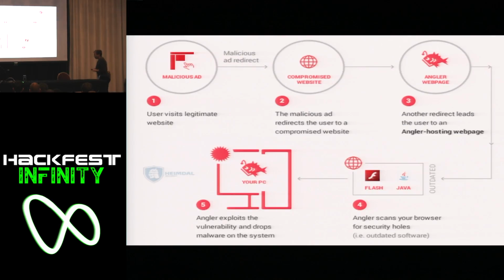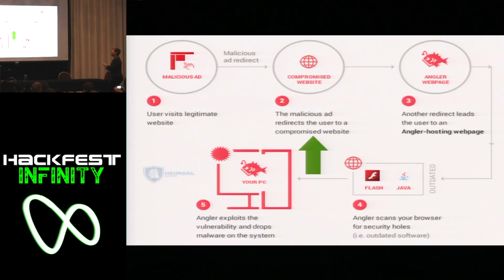Now, let's go through the infection process. Basically, we start off by going to a legitimate website. Now, on that website is a malicious ad. Now, there's nothing that's going to indicate to you that this is a malicious ad. There's nothing to inform you that, hey, something's going on behind the scenes.